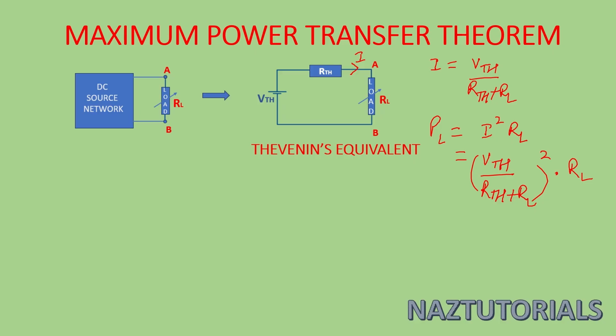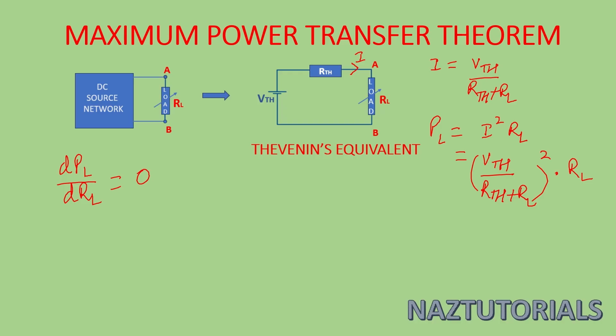For this calculation we will differentiate this load power with respect to RL to find the maximum condition. So dPL divided by dRL will be 0.